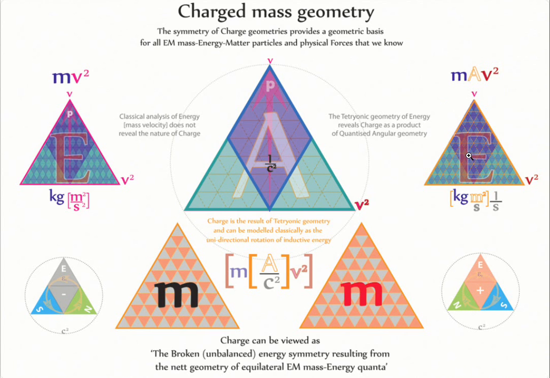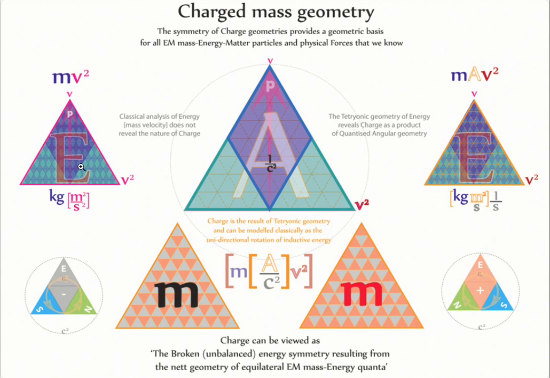Planck, on the other hand, showed that it was a quantized measurement of energy that was producing the light and the black body radiation he was researching. So again, Tetryonics shows that instead of h, it is mass alpha nu squared, or mass velocity squared, which is the same thing as what Leibniz was measuring. These are all different measurements of the same, or similar, properties of energy. We're just measuring force versus scalar energy versus quantized energy, in this case Planck quanta per second, to give us joules.